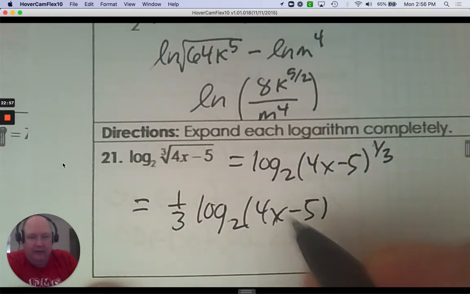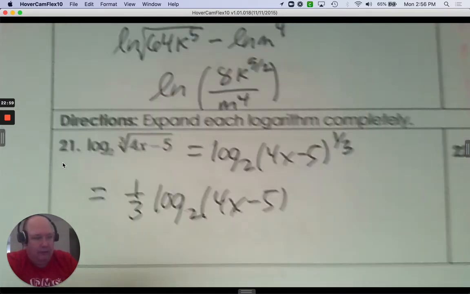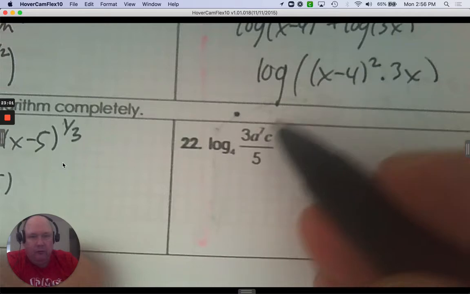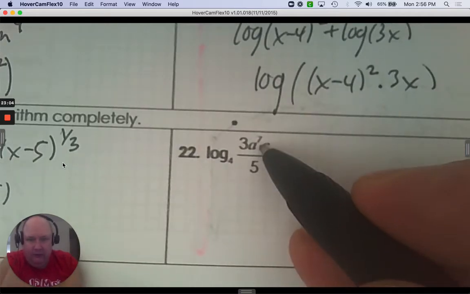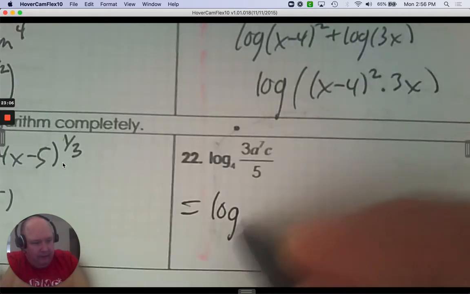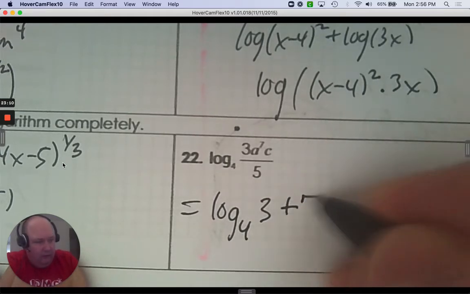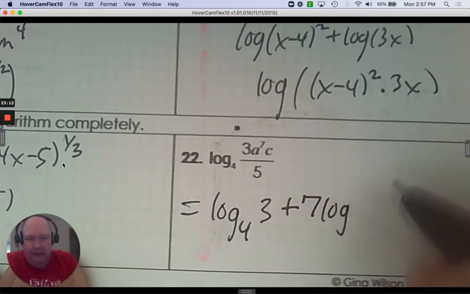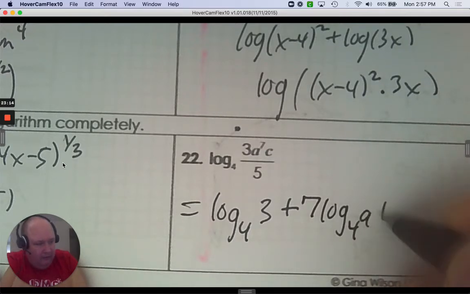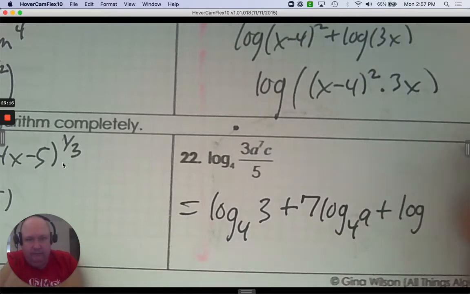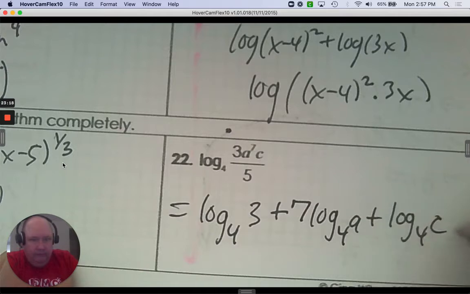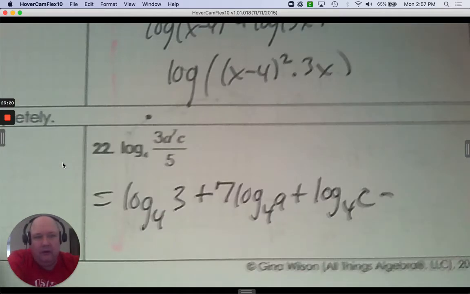Adding or subtracting inside the logarithm, there's no properties to do anything with that. So we're looking for multiplying, dividing, and exponents. So for this one, it's 3 times. Make sure to always put the exponent in front as you're writing it down. And then when you're dividing, you are subtracting.